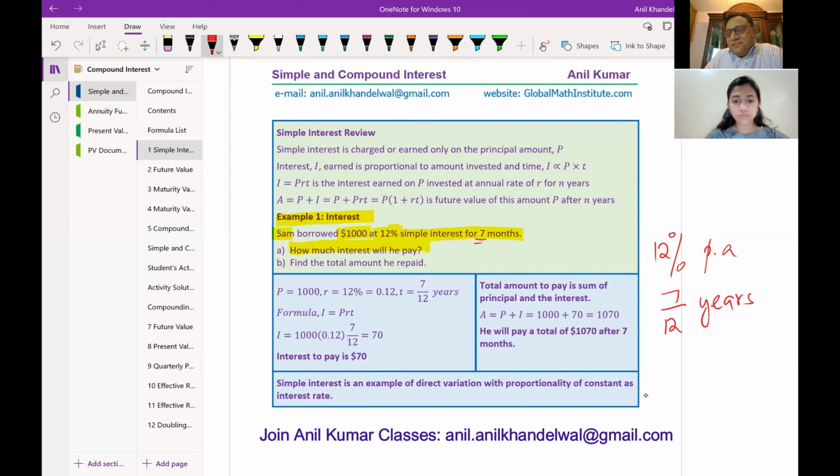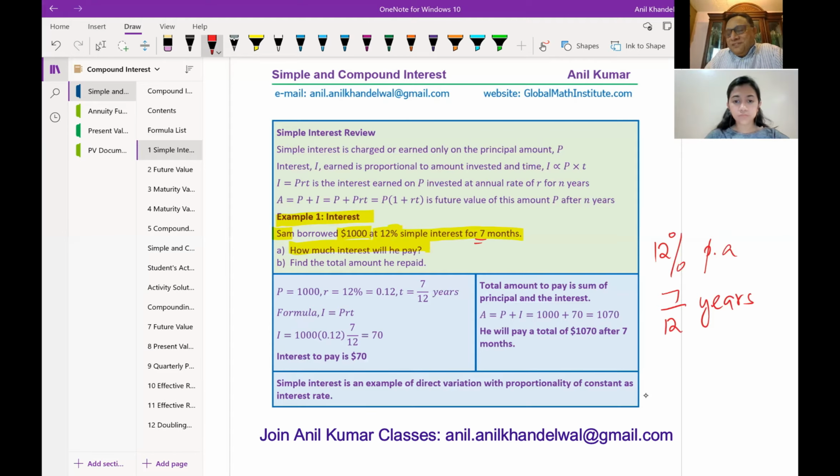Principal interest or any interest can be there for a limited time also. So in this case, 7 months. And now you can use the formula and find the interest on the amount. And when you plug it in, you get $70 as the interest for 7 months. You get the idea, right?